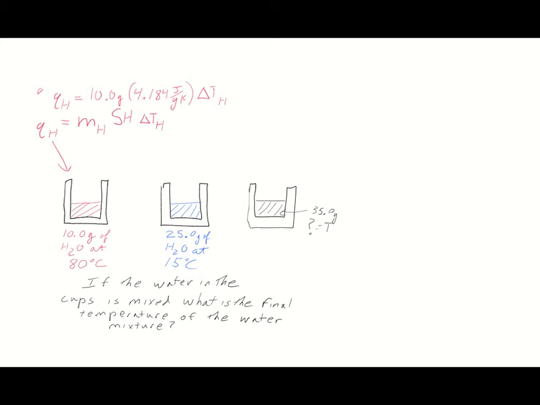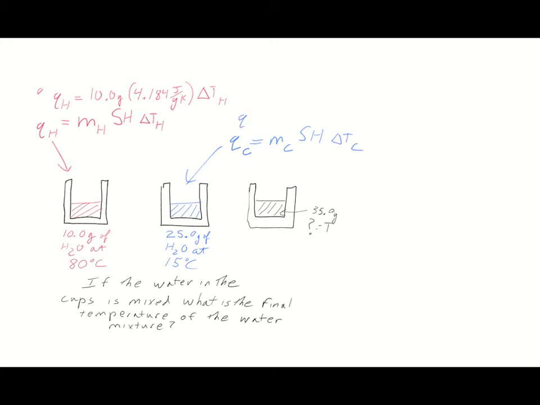Now, my cold water down here, likewise, the heat flow from my cold water, due to its temperature change, is going to equal the mass of my cold water times the specific heat of water times the temperature change of my cold water.